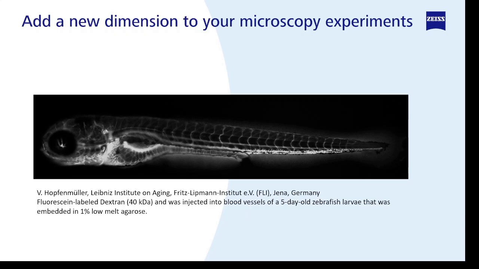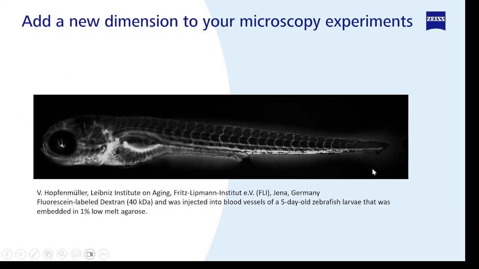Let's dive into one example. This is a fluorescently labeled duct injected into the blood vessel of a zebrafish larva. People want to understand the flow speed and flow direction at certain small, exact spots of the duct.